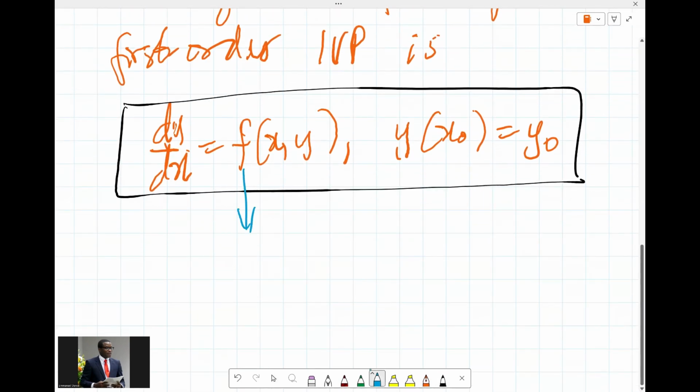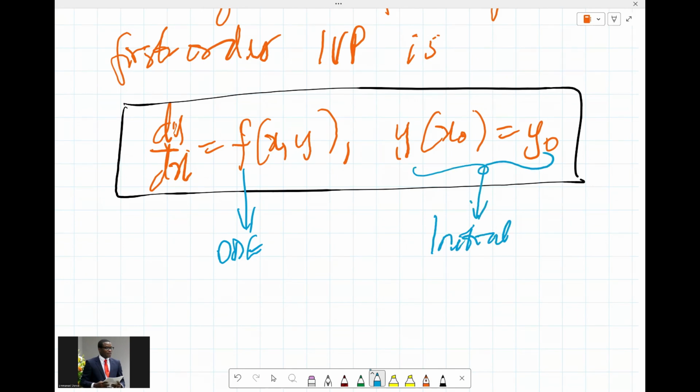You have the differential equation, whether it's ordinary or not. In this case, we have an ordinary differential equation, and then you have this whole thing as the initial condition. Okay, this is the equation, the ODE, and this is the initial condition. So it means you have a starting point for the equation, right?